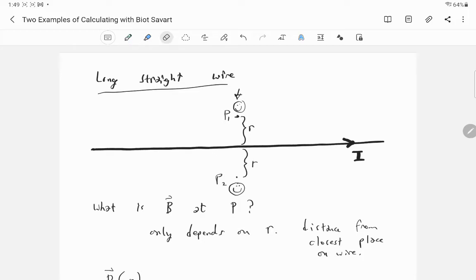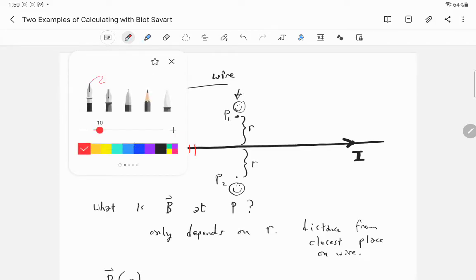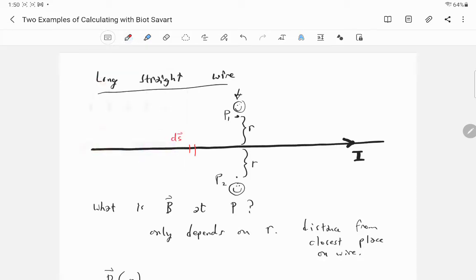So the way to do this is, it's sort of similar to the previous example. You pick some representative little lengths of the wire. So let me pick this one. There's the ds vector.